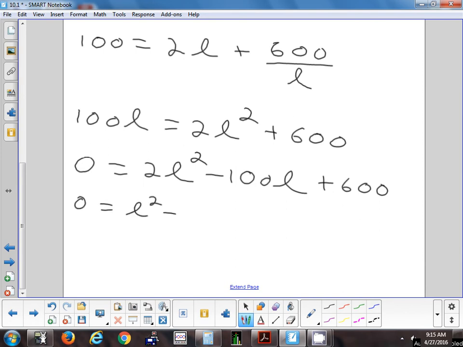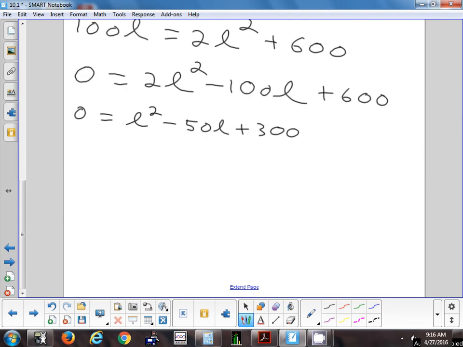So you get L squared minus 50L plus 300. Right, so now at this point, it's a quadratic equation. We'll use the quadratic formula. All right.